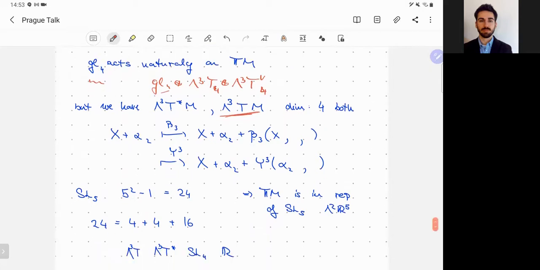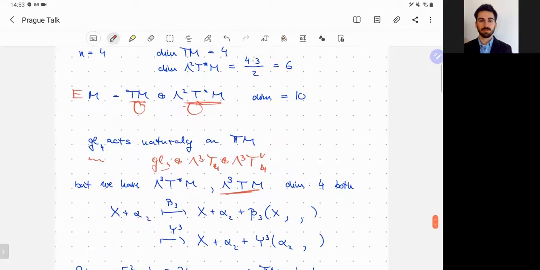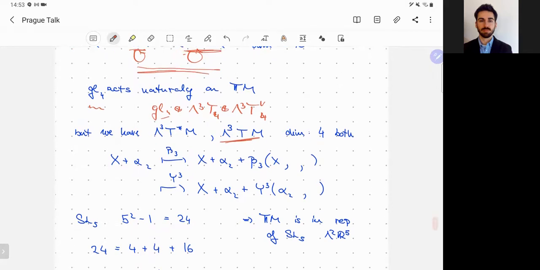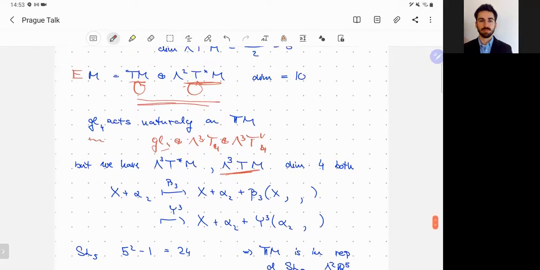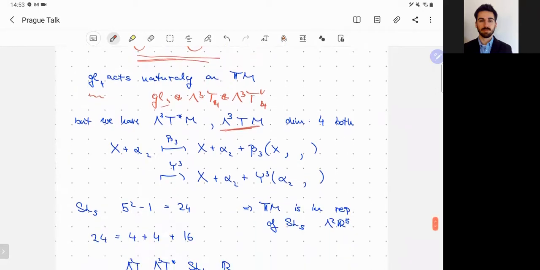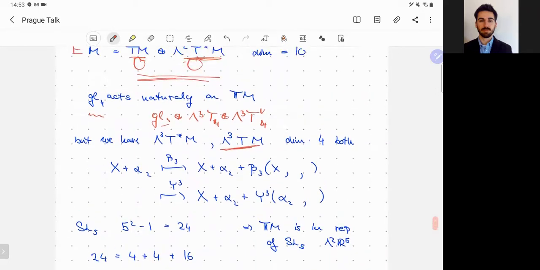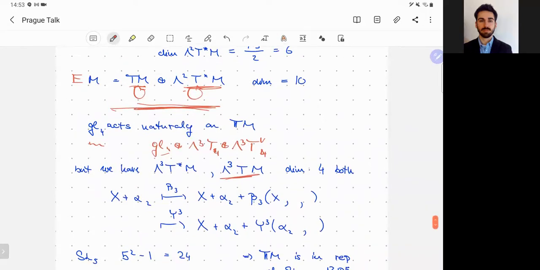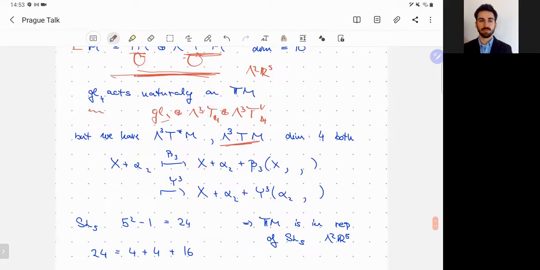That fits. And this guy is 10-dimensional, and I was claiming that it needs to be in a representation of SL5, and there is indeed a 10-dimensional representation of SL5. There are two of them, but this one happens to be, if you work it out, the second wedge power of the fundamental. So this space seen as an associated bundle to SL5 is just what you would get from associating this wedge 2 to R5.